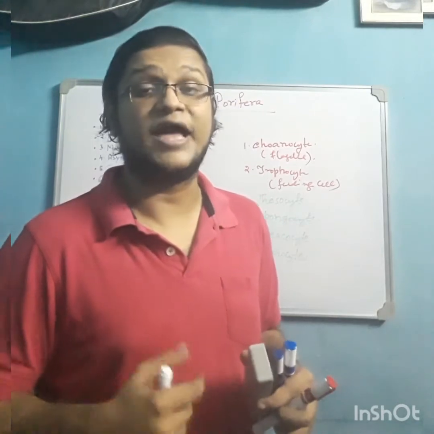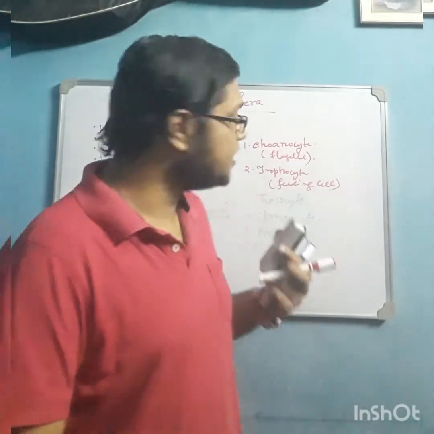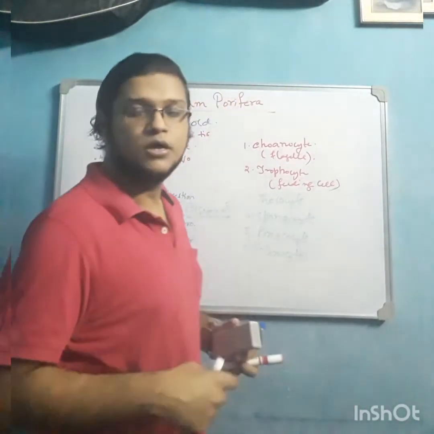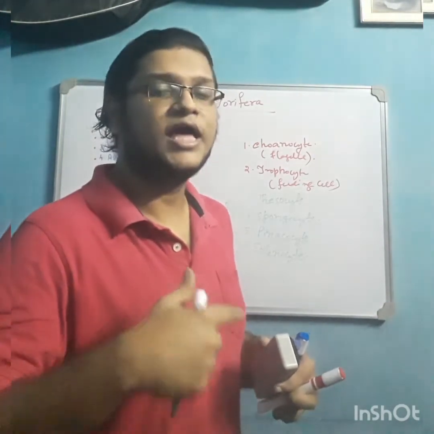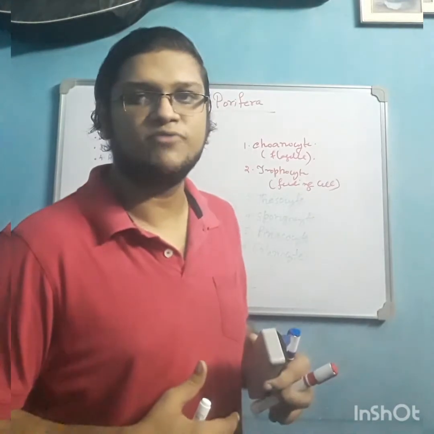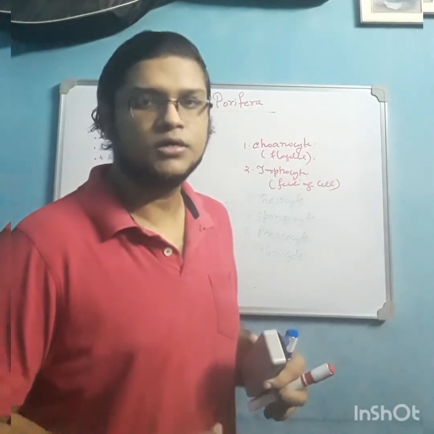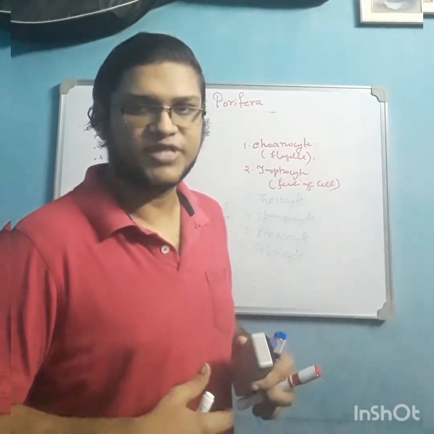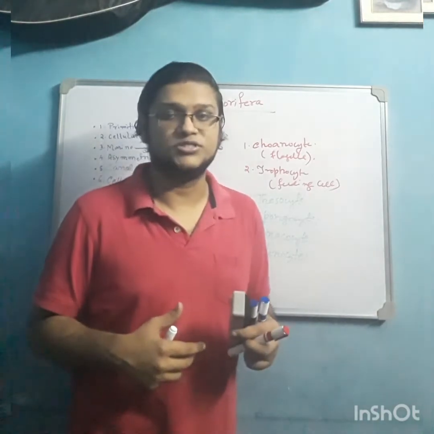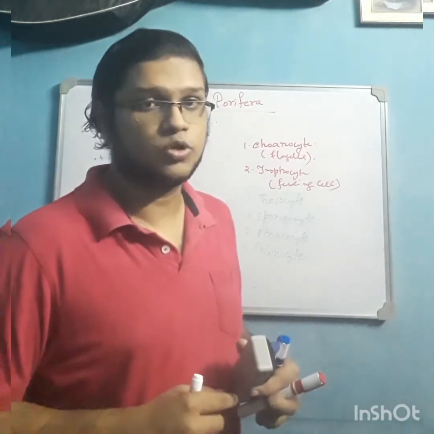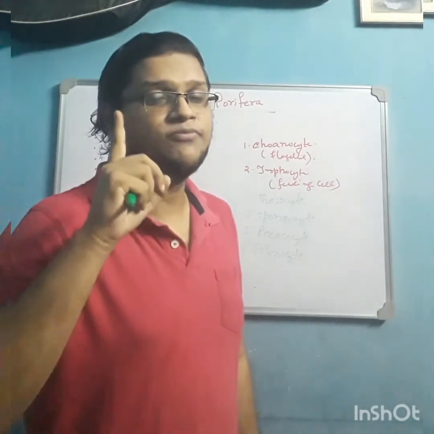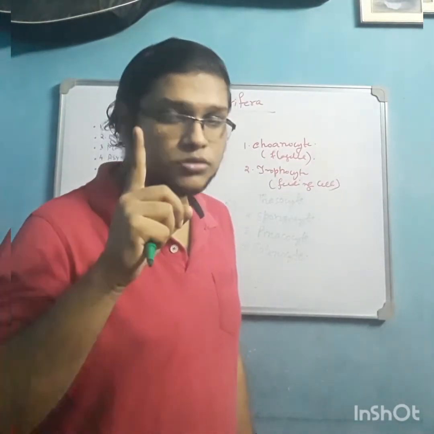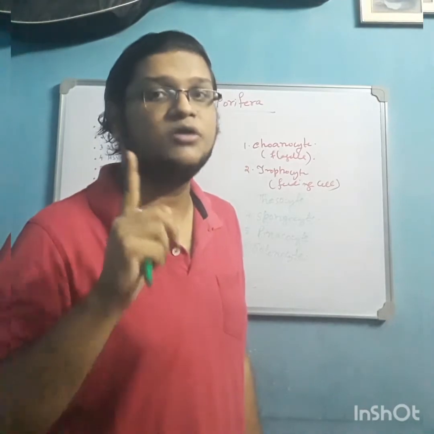That is fragmentation. If any body part is fragmented, from that fragmented body part a new animal or new organism of phylum Porifera can generate. New offspring can generate. That is fragmentation. That is the procedure of asexual reproduction. So, mind it, animals of phylum Porifera can perform both sexual and asexual reproduction.